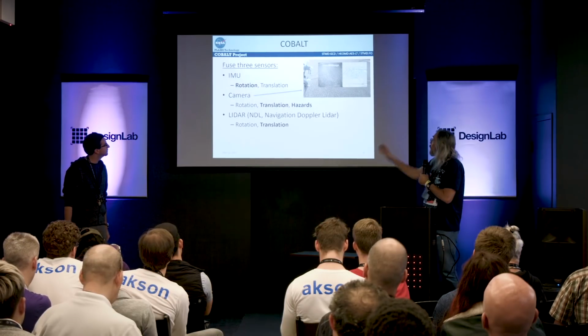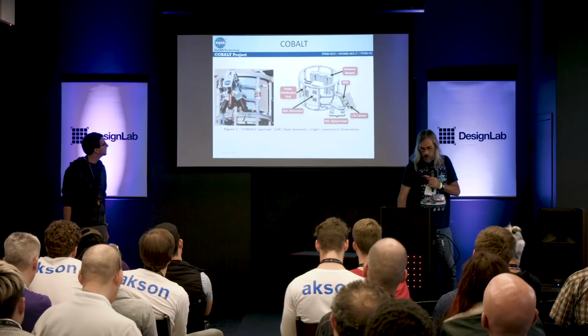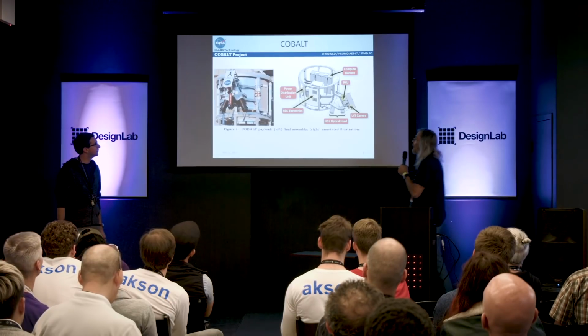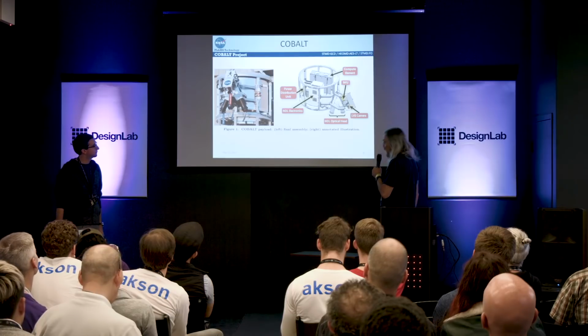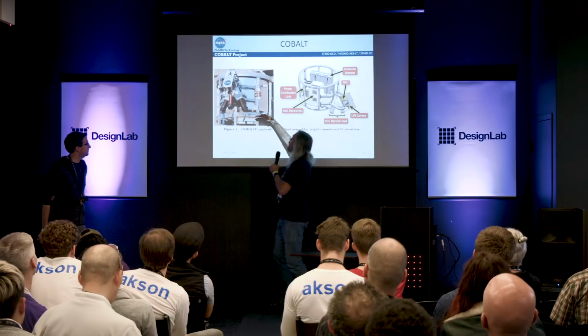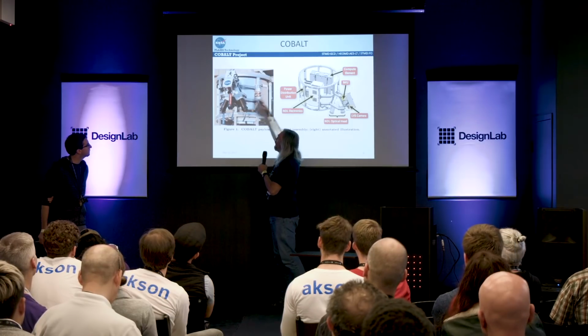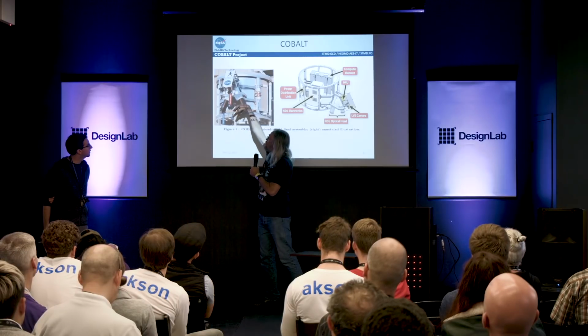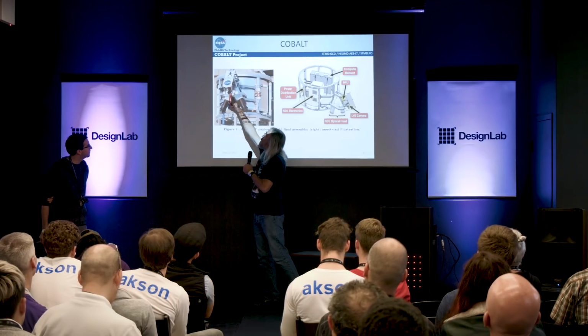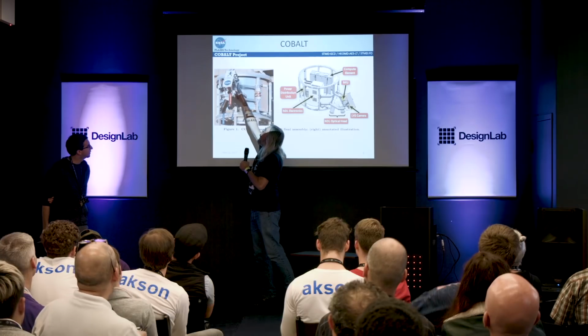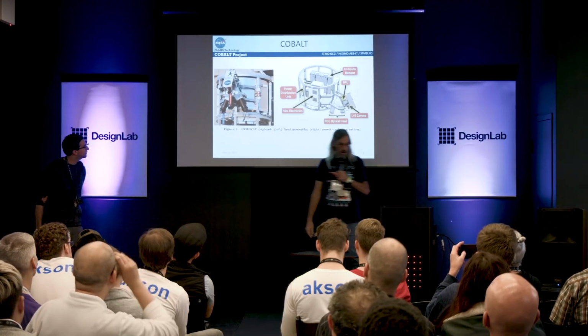And then here's what our payload looks like for this. This is the Cobalt payload. Those three things are LiDAR beams. There's a camera, and there's an IMU underneath Elvis there.